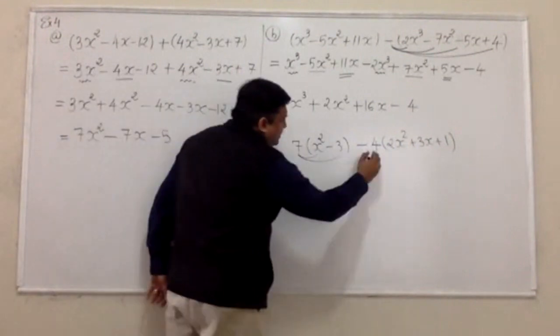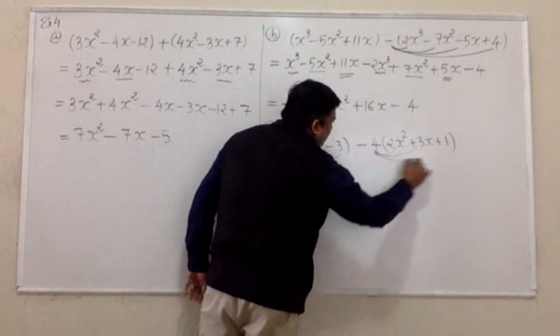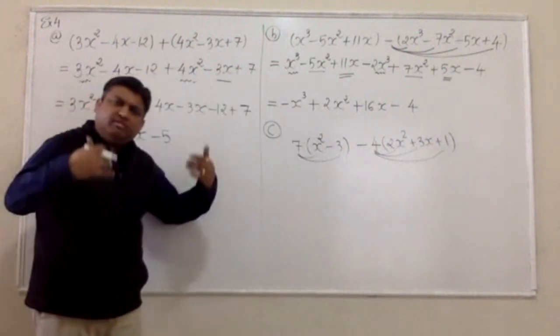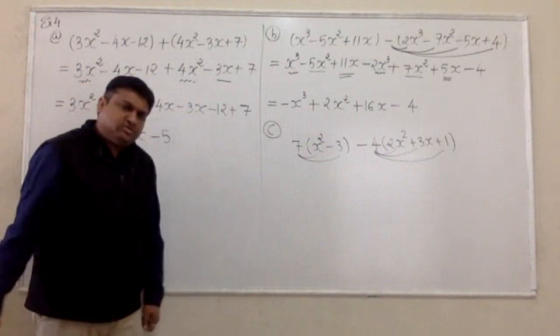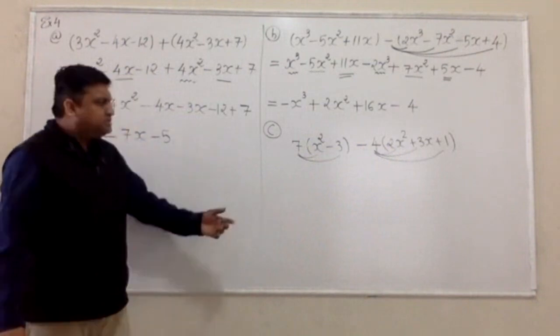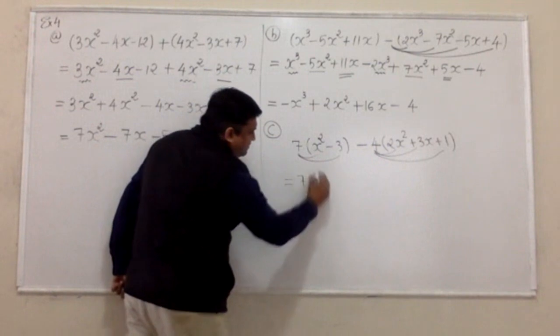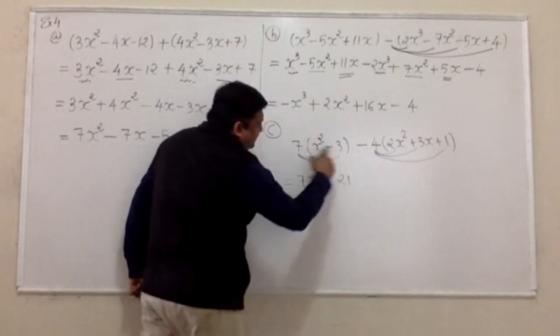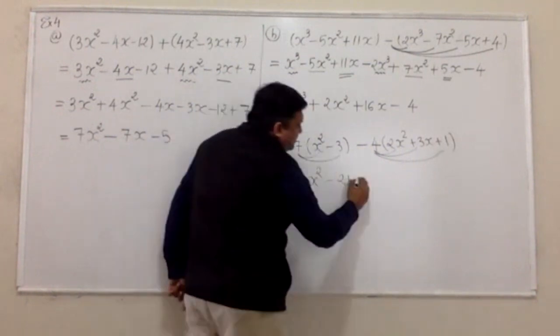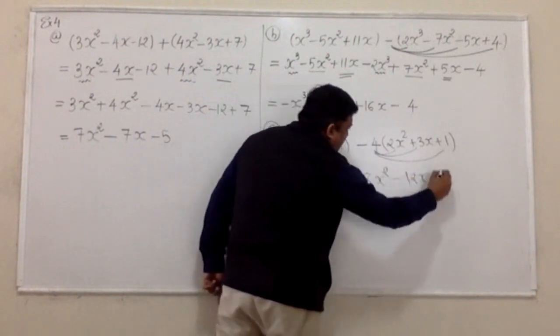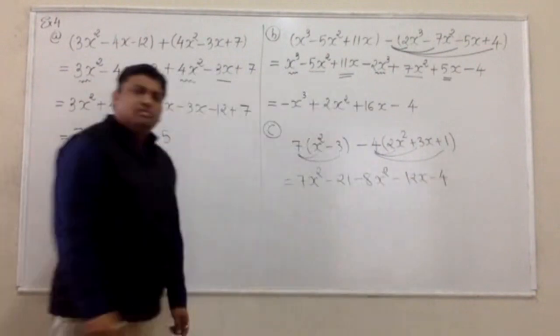Distribute that 7 over 2 terms, -4 over these 3 terms, open the parenthesis, collect the like terms, simplify as much as possible. Let's do it. 7 times x squared, 7x squared, minus 7 times -3, -21, -8x squared, -12x, -4.